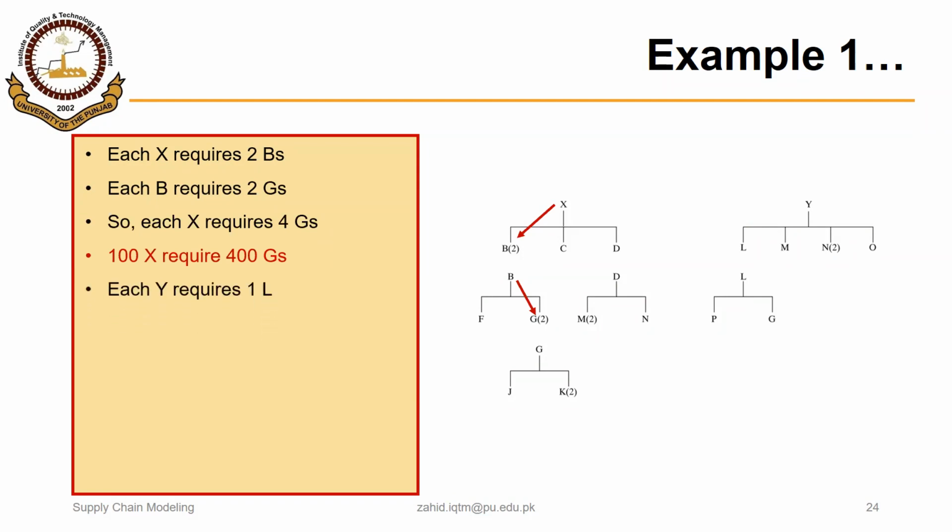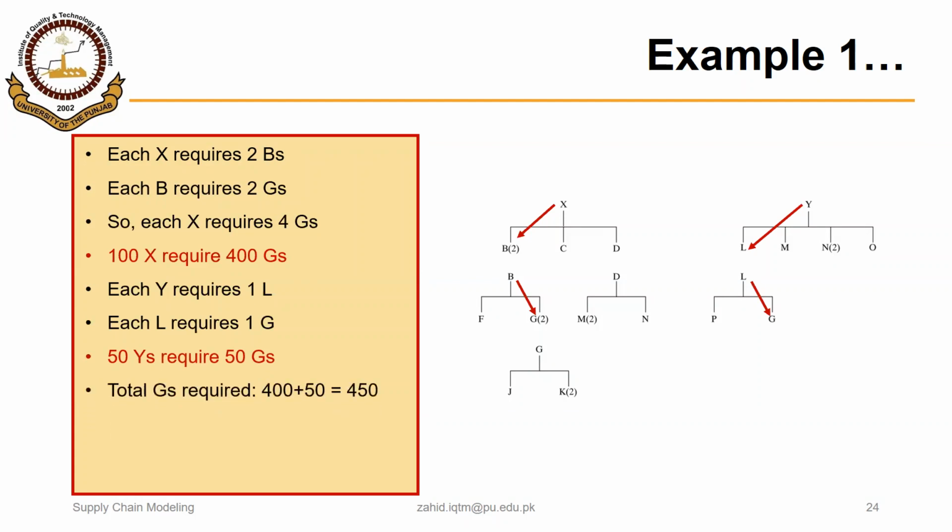Each Y requires 1 L and each L requires 1 G. So 50 Ys require 50 Gs. 50 into 1 is 50. So total Gs required are 400 plus 50. So 450 Gs are required and each G requires 2 Ks. So we require a total of 450 into 2, 900 Ks.